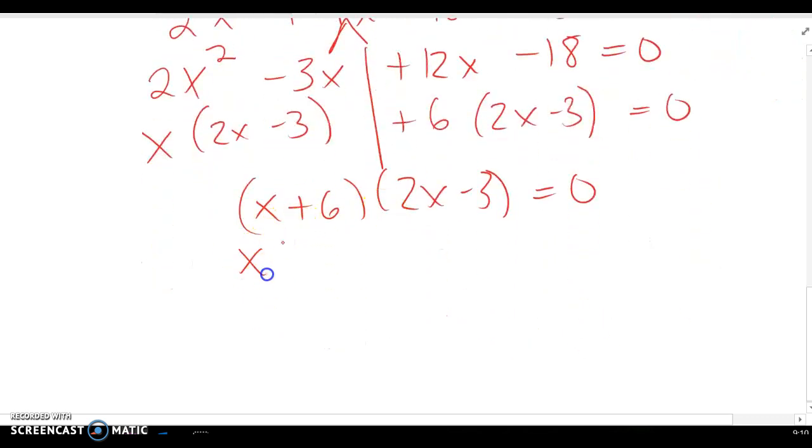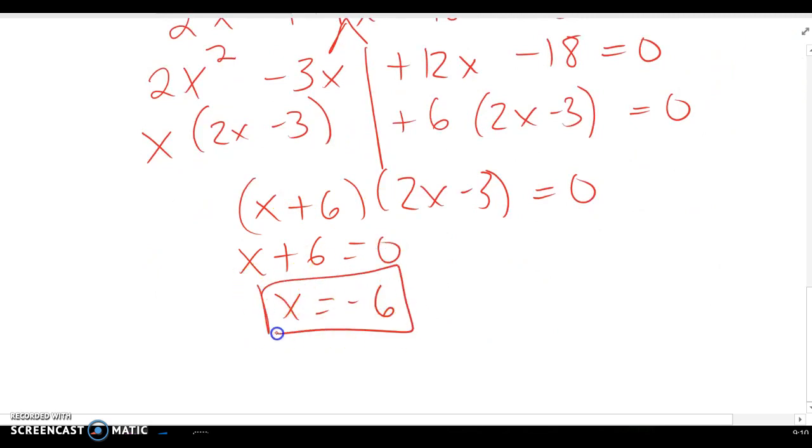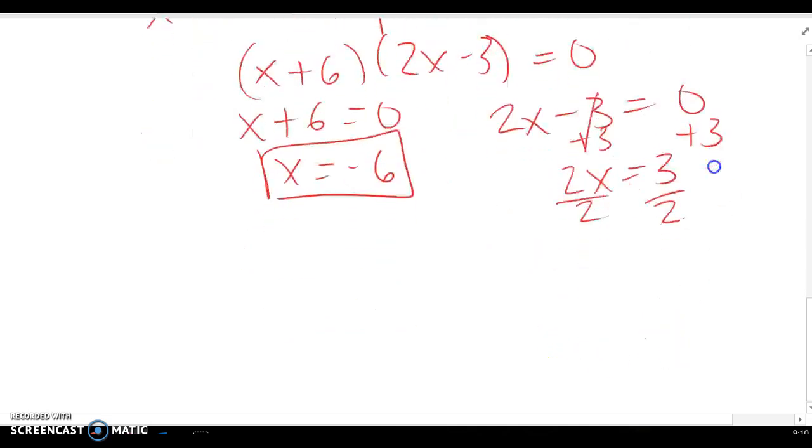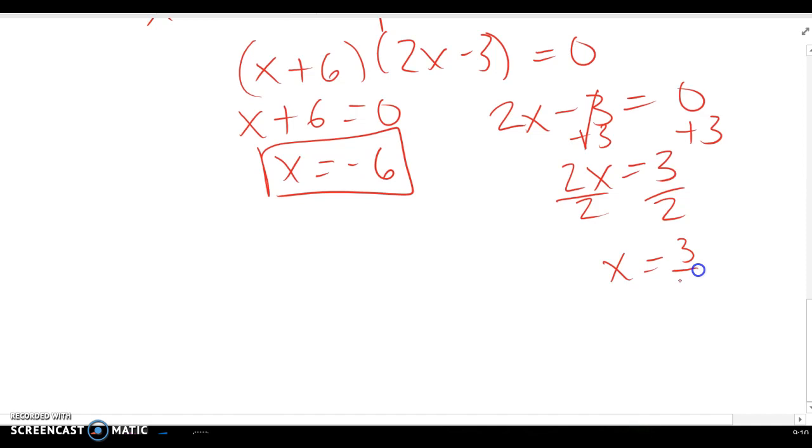Then we would set each factor equal to 0 and solve. So one solution, x equals negative 6. The other solution, solve for x, add 3 to both sides, divide by 2, x equals 3 over 2. So that's what we've done so far with solving equations.